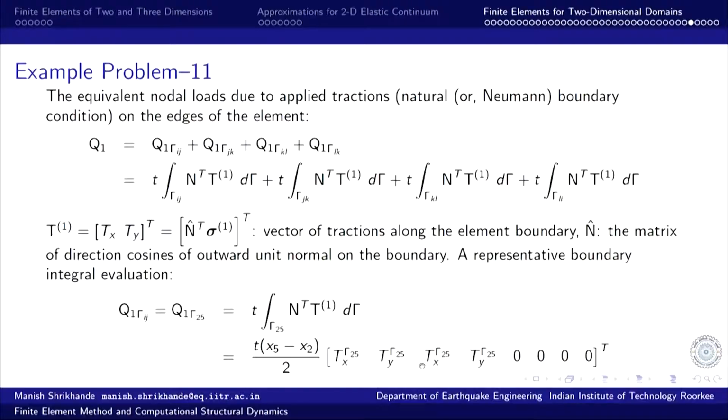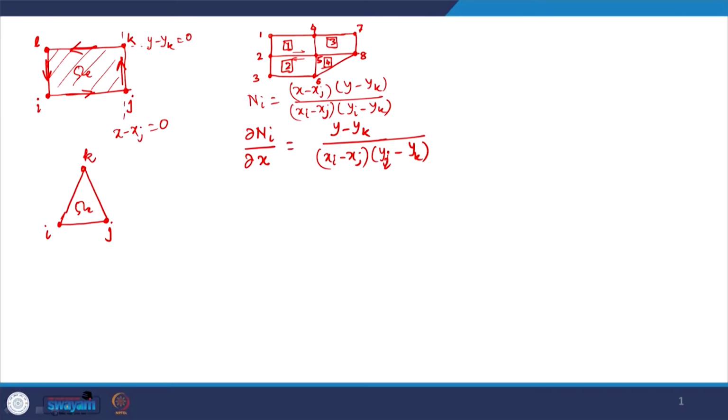At the individual element level, of course, they appear, but during the process of assembly they would cancel out, and therefore, we generally do not bother about going through this calculation unless this boundary coincides with the problem boundary. For example, boundary of 4 1 corresponds with the actual problem boundary.